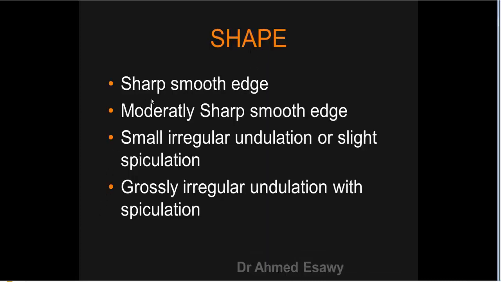As regards shape, a sharp, smooth edge is mostly benign; a moderately sharp, smooth edge, small irregular undulation or slight spiculation tends to be malignant. Grossly irregular undulation with spiculation is mostly malignant.